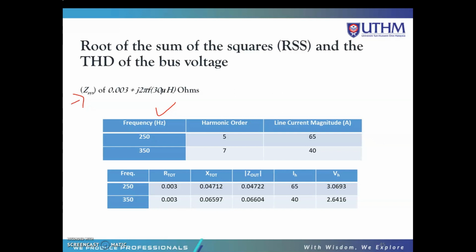Then you can know, at frequencies of 250 and 350 Hertz, what the harmonic order is and what the line current magnitude is. Here are all the values at each frequency for the resistance, impedance, reactance, current and also voltage.